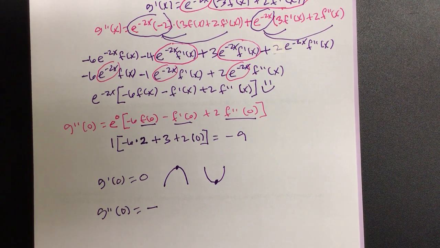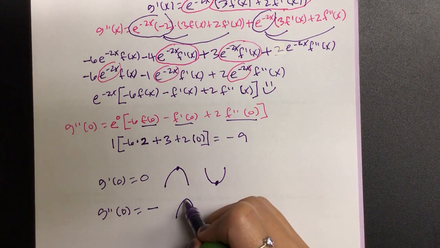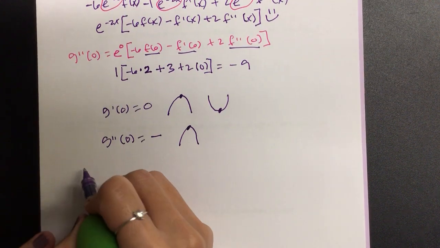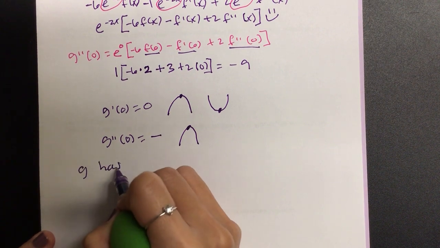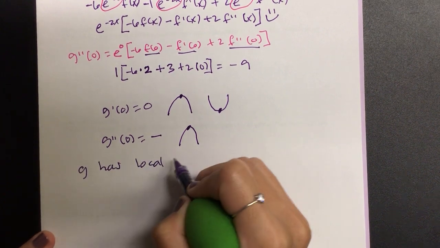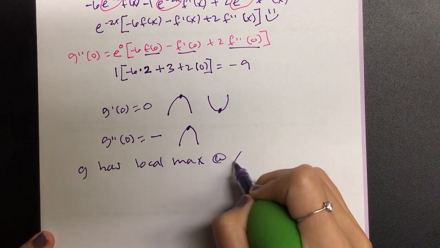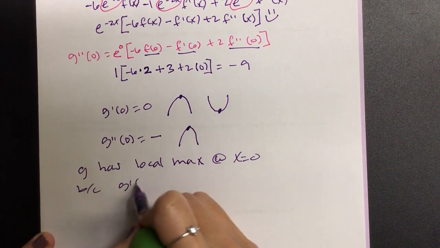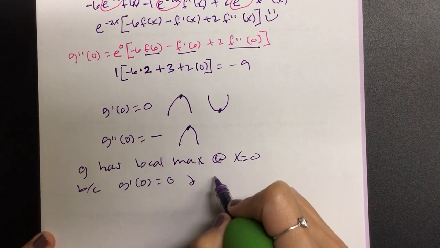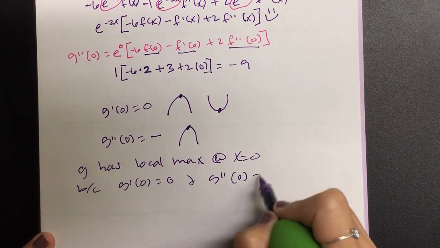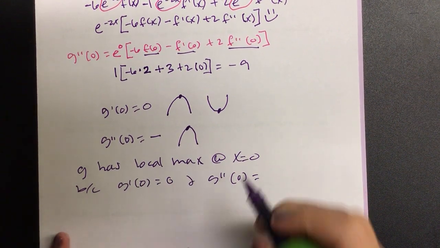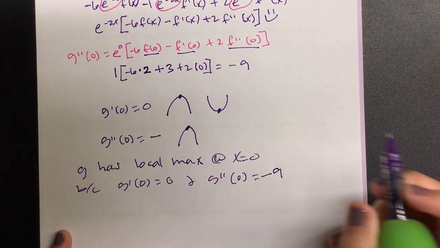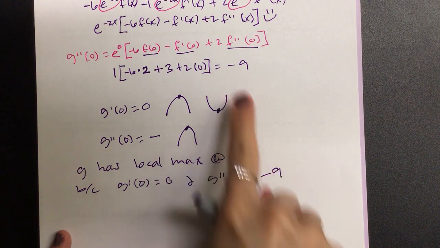So is it a local minimum or a maximum? Maximum. So we have a maximum right here. So here's our justification. G has a local maximum at x equals 0 for 2 reasons: because g prime of 0 is equal to 0, and g double prime of 0 is equal to a negative number. If you want to be specific, you can write negative 9, but if they see your work up here, it'll be justified.